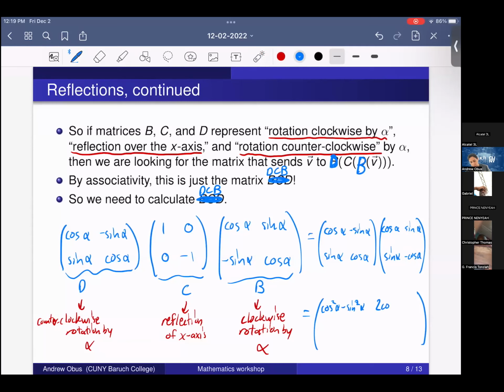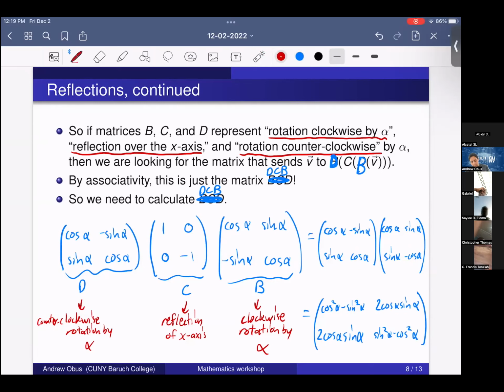So this becomes 2 cosine alpha sine alpha. And then here is sine alpha cosine alpha plus sine alpha cosine alpha. So this also becomes 2 cosine alpha sine alpha. And then lastly, we get sine alpha times sine alpha minus cosine alpha times cosine alpha. So this becomes sine squared alpha minus cosine squared alpha.